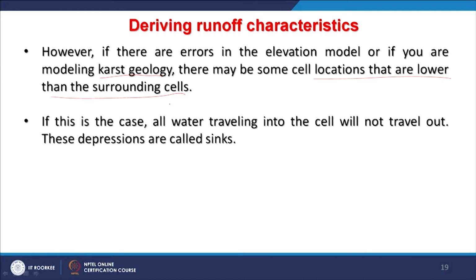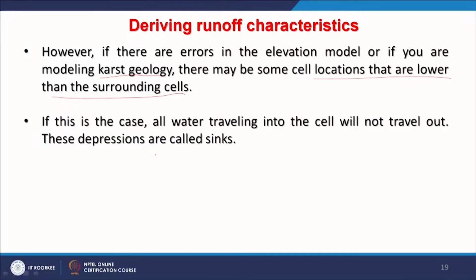That means, in those conditions the surface hydrologic modeling will fail, because the assumption here is that each and every drop of water has to flow as surface runoff and has to come out of a watershed. In the case of karst topography, not all water travelling onto a cell will travel out, and if that does not travel out, then surface hydrologic modeling will not work.